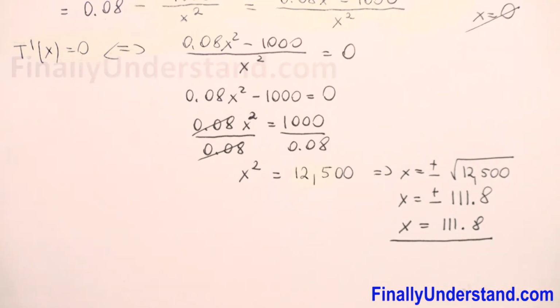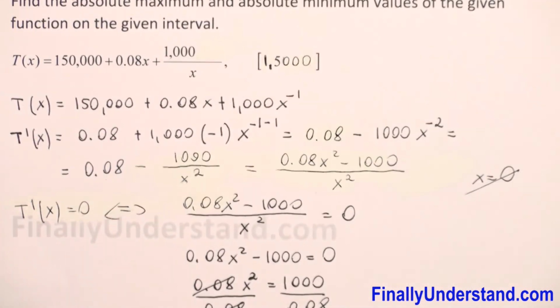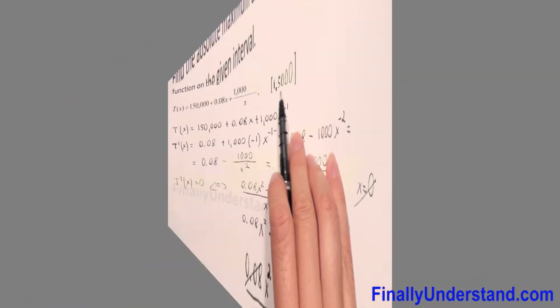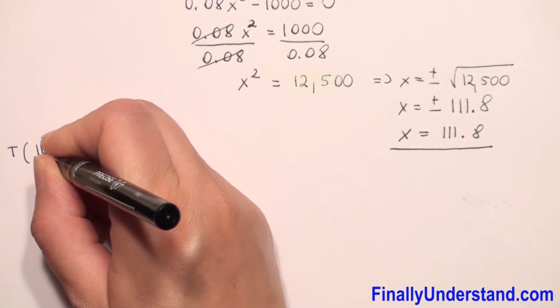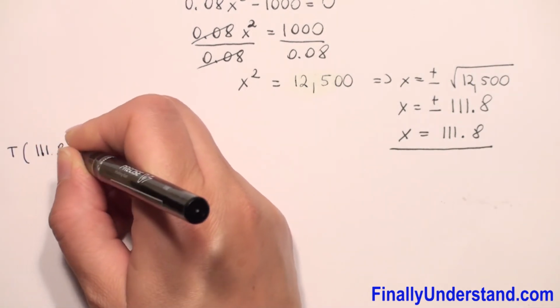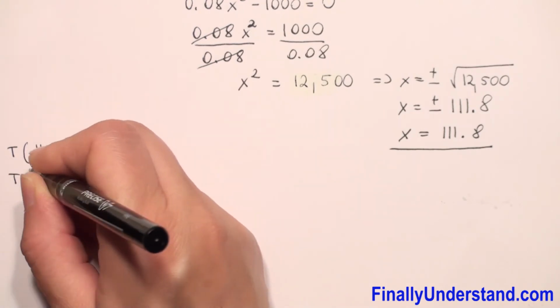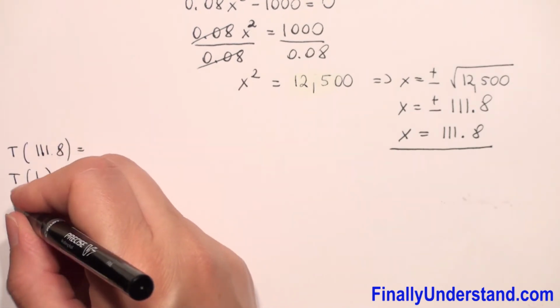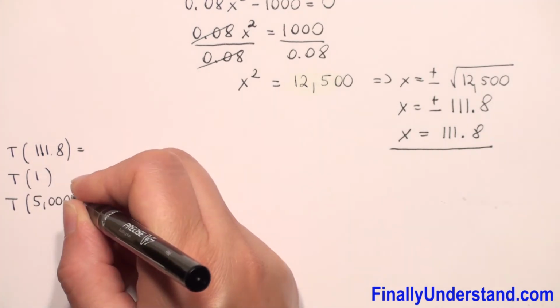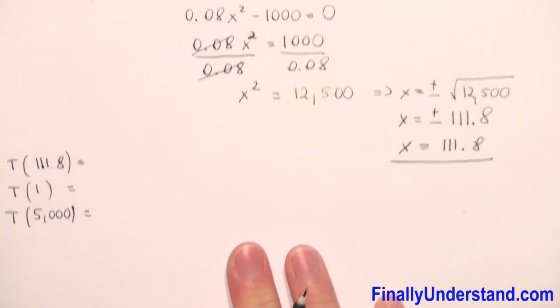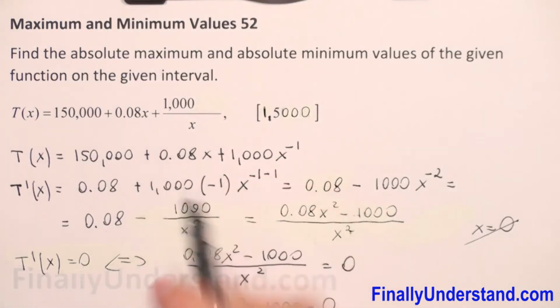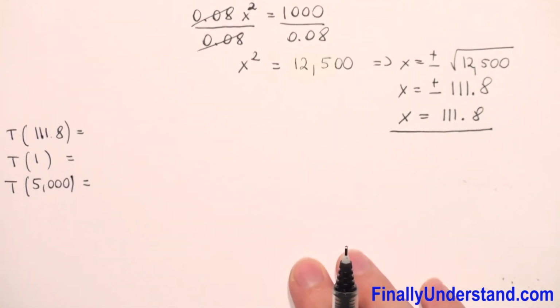Now we have to calculate the value of our function for this point and for the endpoints. So we have T of 111.8, T of 1 to find, and T of 5000. So we have to replace x's by these values.